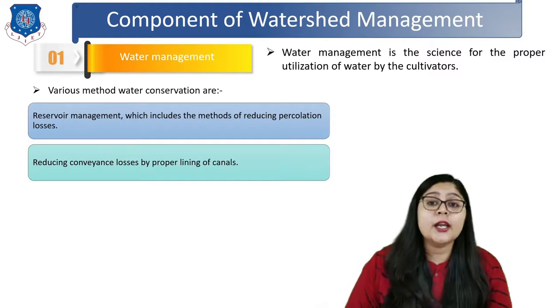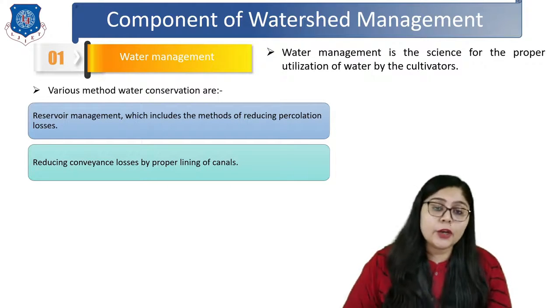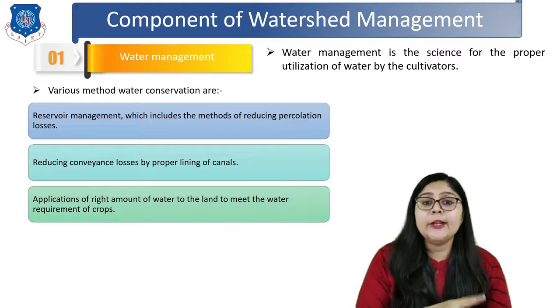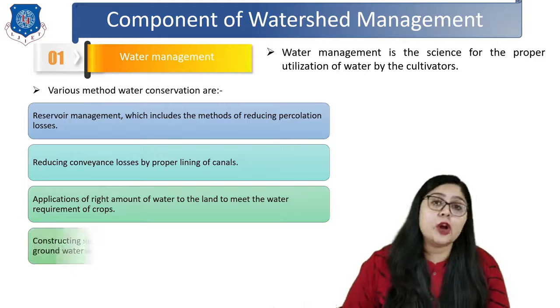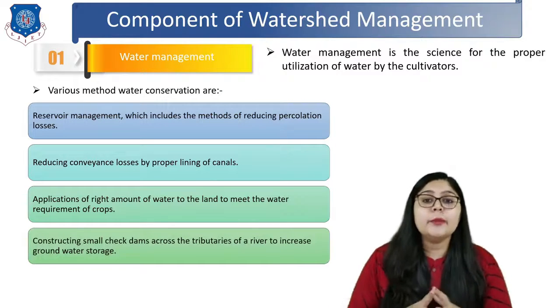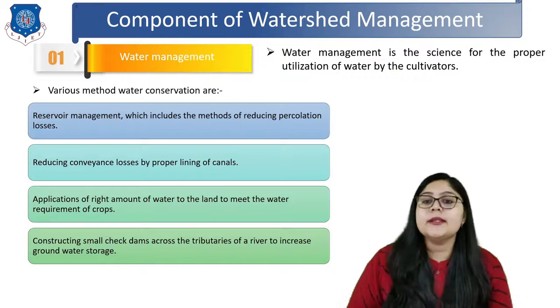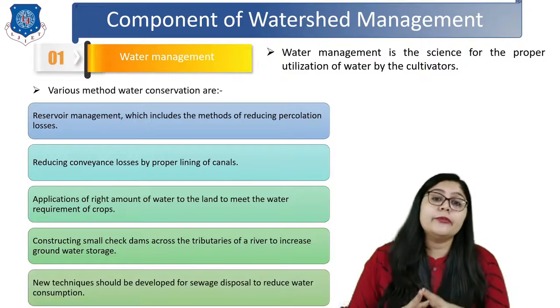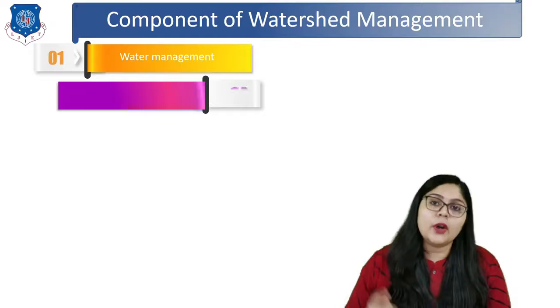Even we can reduce the conveyance losses by proper lining of canal, right? Applications of the right amount of water to the land to meet the water requirement of crops. Even constructing small check dams across the tributaries of a river to increase the groundwater storage. And lastly, new techniques should be developed for sewage disposal to reduce water consumption. So this is all about water management.